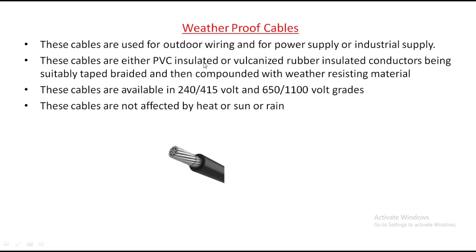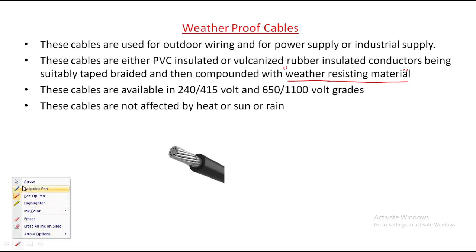Any insulation is applicable, PVC as well as VIR. They are suitably taped, braided and then compounded with weather resistance material. Any cable you can use, but you have to use the weather resistance material. This is the important thing.